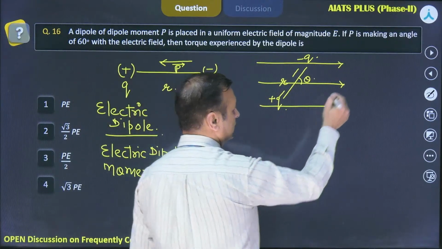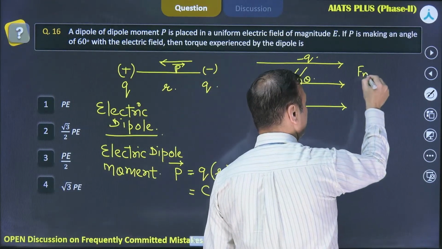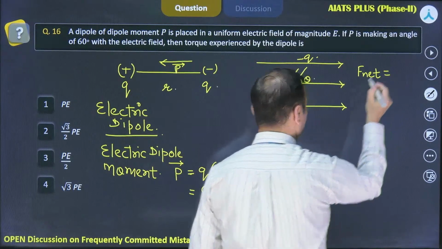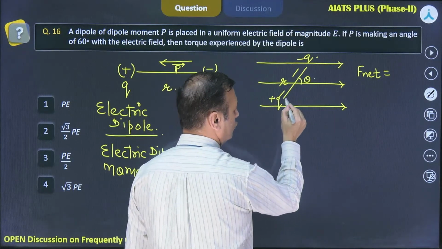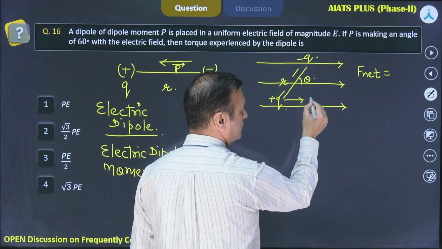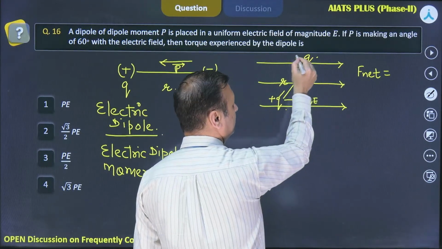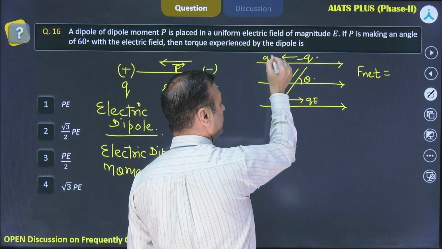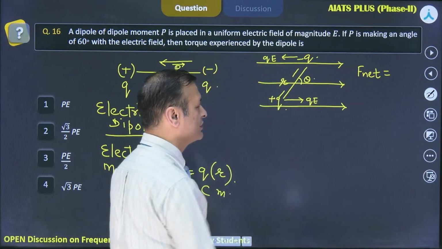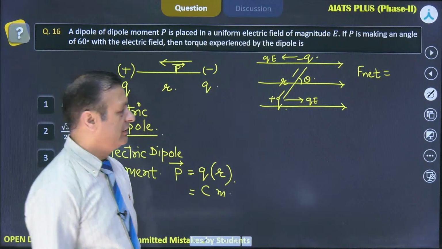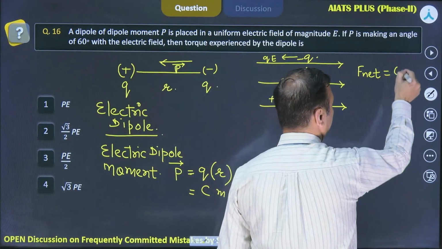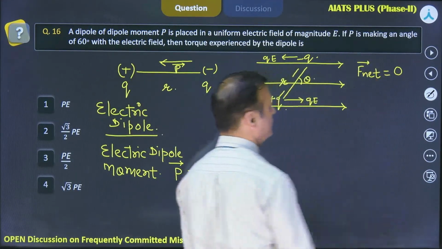Now, the net force experienced by the dipole: positive charge Q will experience force towards this side, so that would be Q times electric field, and this is Q times electric field. These two forces are equal and opposite, so the net force would definitely be 0.